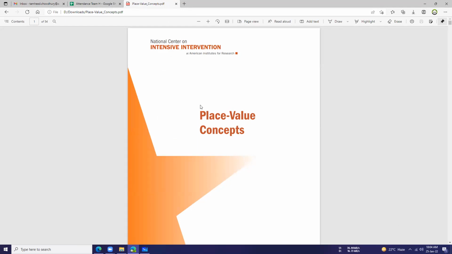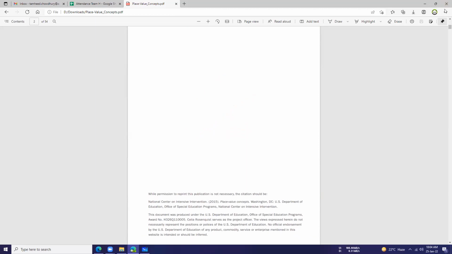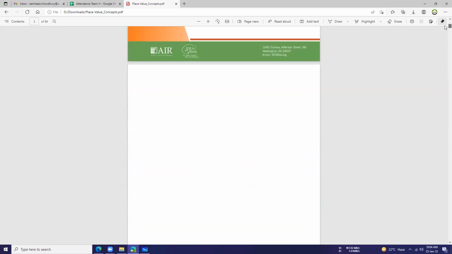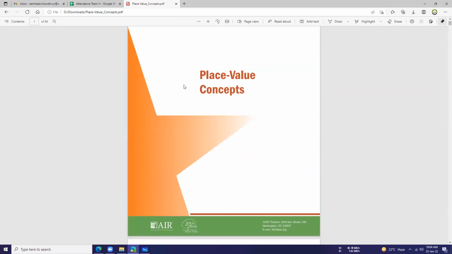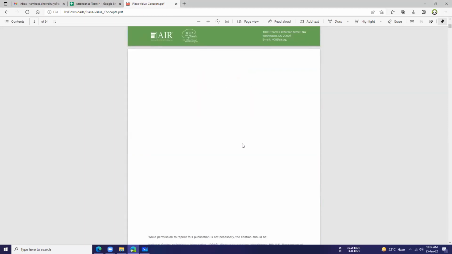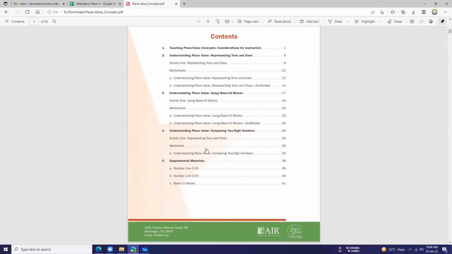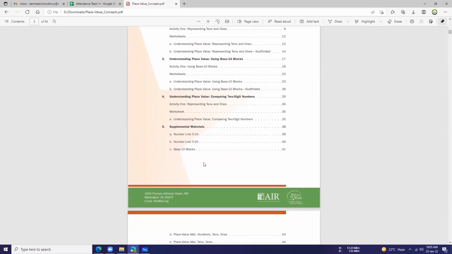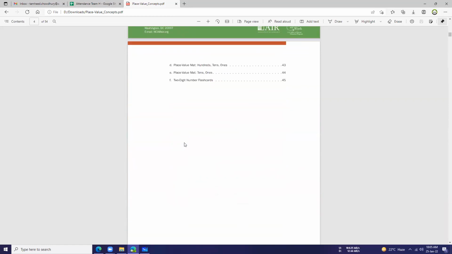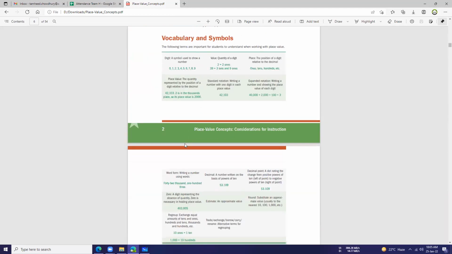This is a PDF that I haven't read myself yet, but it has a huge amount of ways to determine place value. This place value concept is not from our reference books, like the one that will be used for the Asian University for Women. I just got it on the internet so that some of you who would like to learn a little more, or who struggle, can see the small steps of how they start to learn.